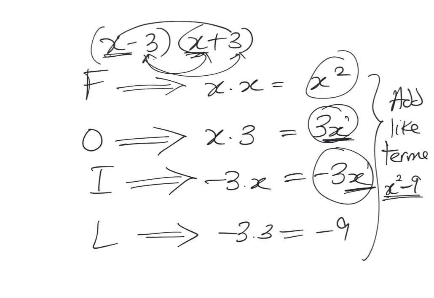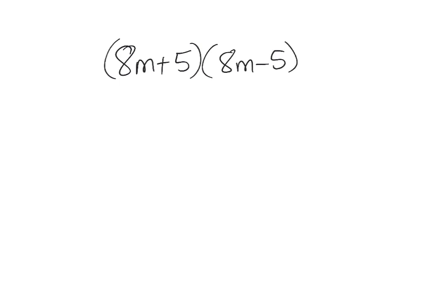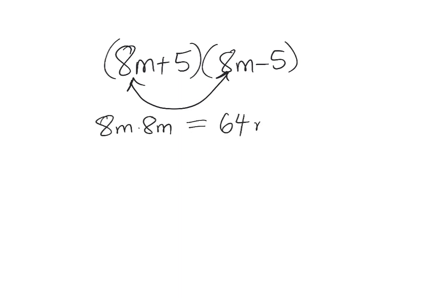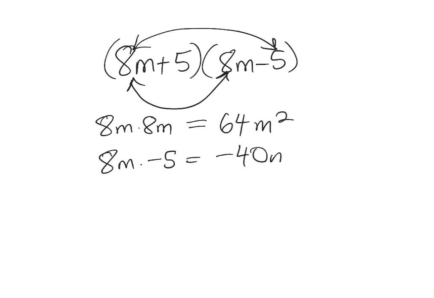Let's try another example. If we have 8m plus 5 times 8m minus 5, these two will multiply: 8m times 8m is equal to 64m squared. And then you have 8m times negative 5, so that's negative 40m.